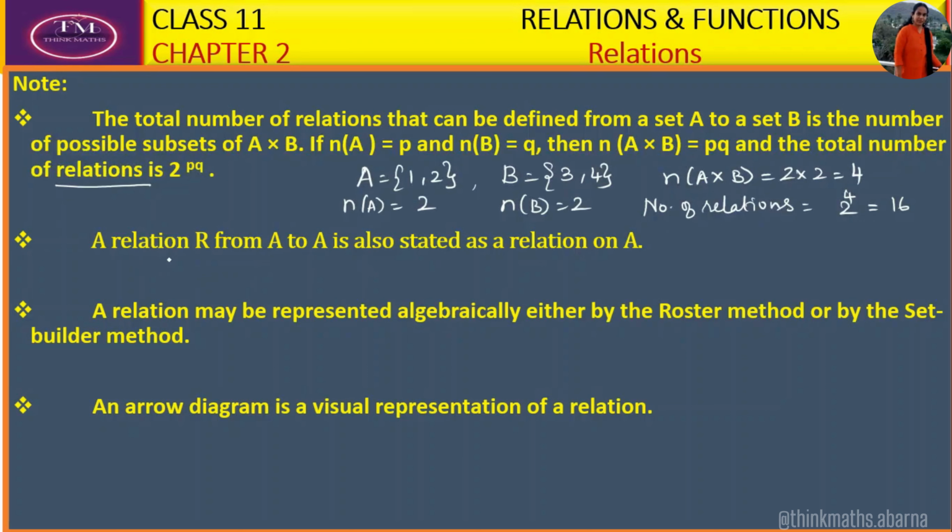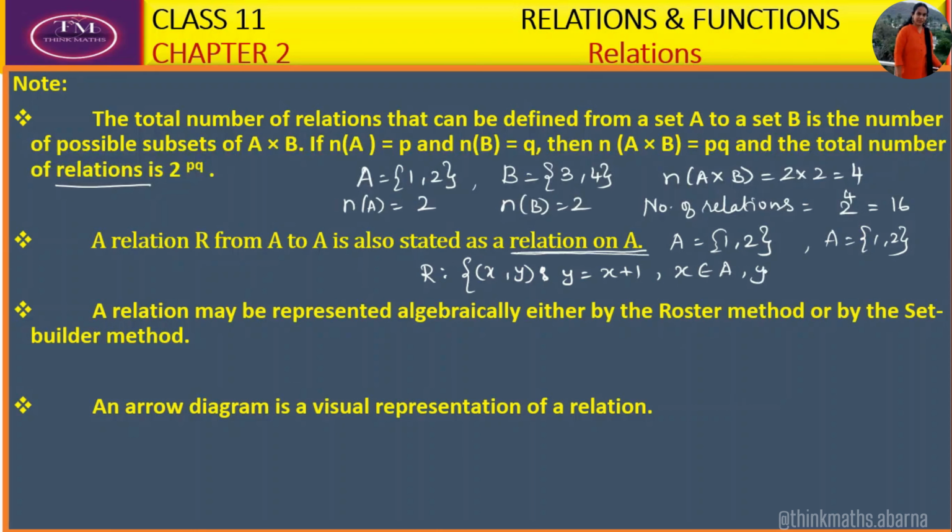Now, if it is a relation between the same set A, that is, a relation R from A to A, it is also stated as a relation on A. So if we form the relation between the same set A is equal to {1, 2}, suppose I define a relation R such that the set of all (x, y), such that y is equal to x plus 1, and this x should belong to A and y should also belong to A. If both the elements are from A, then it is called a relation on A.